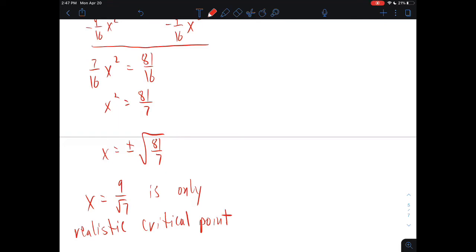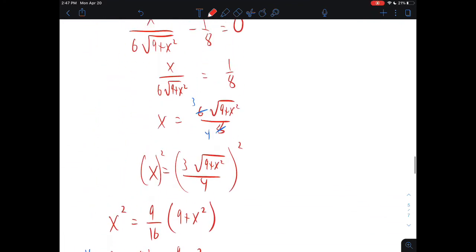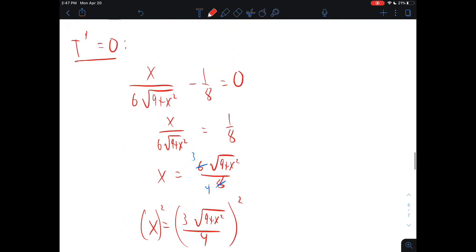So, now that I've got my one critical point, let's use that first derivative test for absolute extreme values that I just talked about. I'm going to go back a little bit more so I can reuse the other side of the page. I'm going to have a number line.